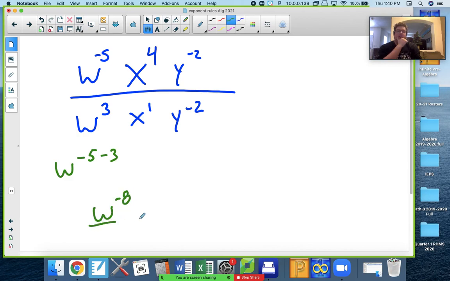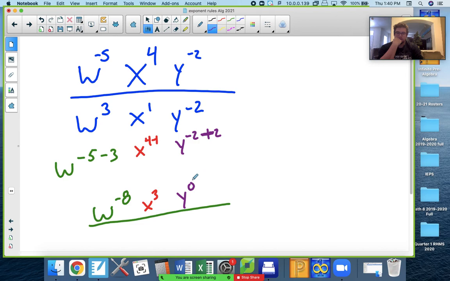So I have negative 8 w's. 4 minus 1, so I have 3 x's. Negative 2 minus negative 2. These two minuses become plus. So that actually becomes y to the 0, which actually cancels out. We will never leave a negative exponent. So since it's negative on the top, it gets moved to the bottom.